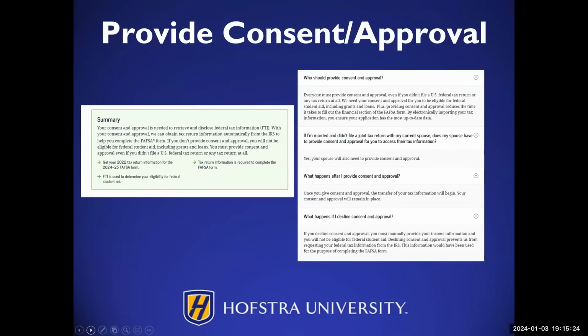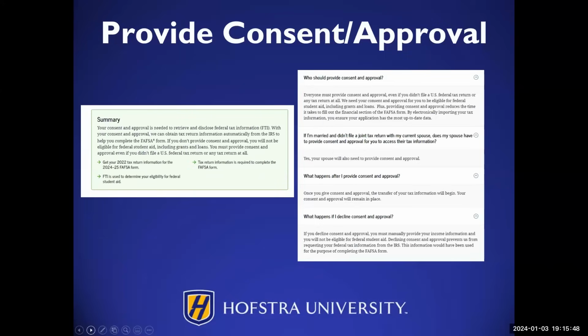They need your consent and approval in order to be eligible for federal student aid, including grants and loans. Providing consent and approval also reduces the time it takes to fill out the financial section of the FAFSA. By electronically importing your tax information, you ensure your application has the most up-to-date data.